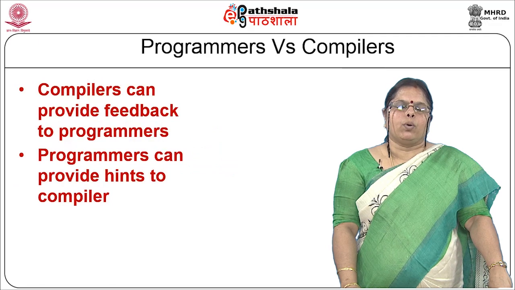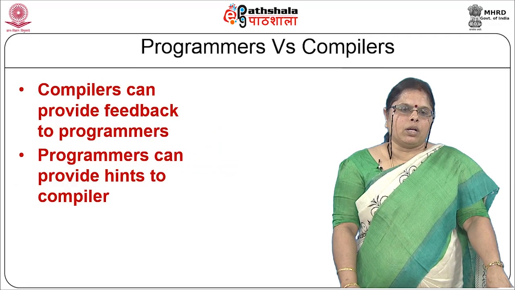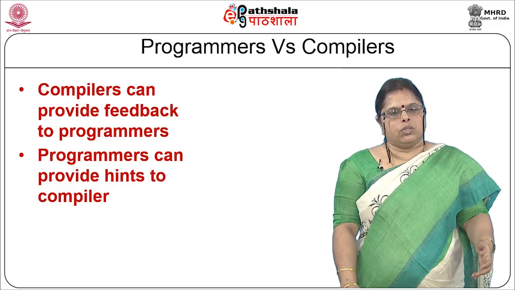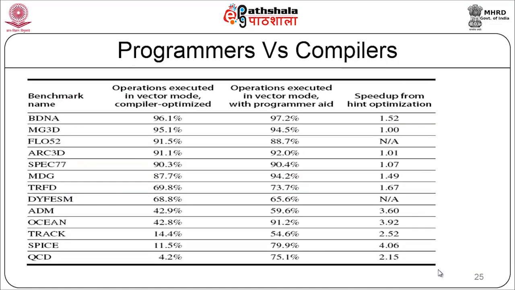And if you look at programmers versus compilers, normally compilers can provide feedback to programmers, and programmers can also provide hints to the compiler so that you get better performance. So, this is an example to show, for various benchmark programs, what happens to operations executed in vector mode with compiler optimization, what happens to operations executed in vector mode with the programmer's aid, and how much speed up we have got because of the hints provided by the programmer.